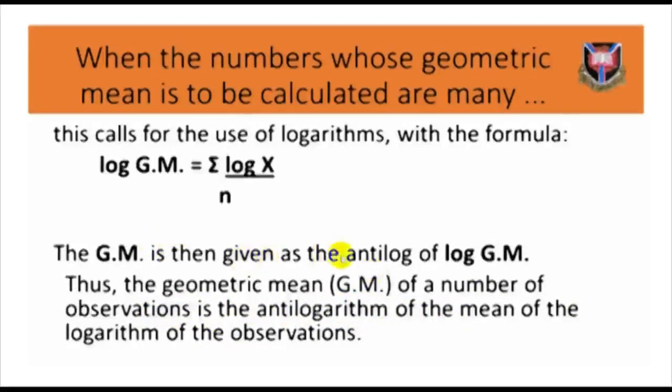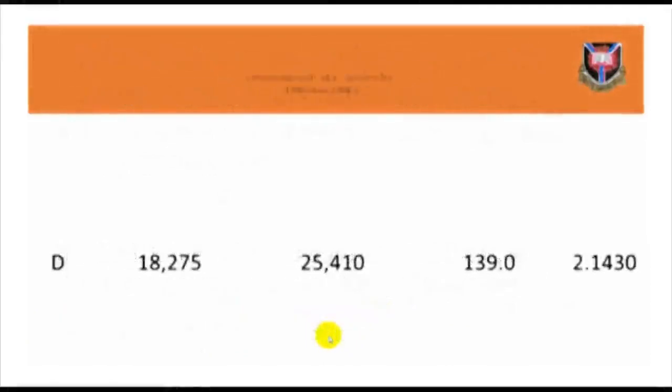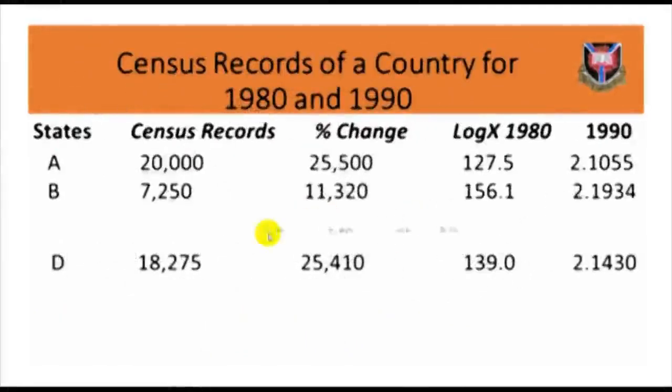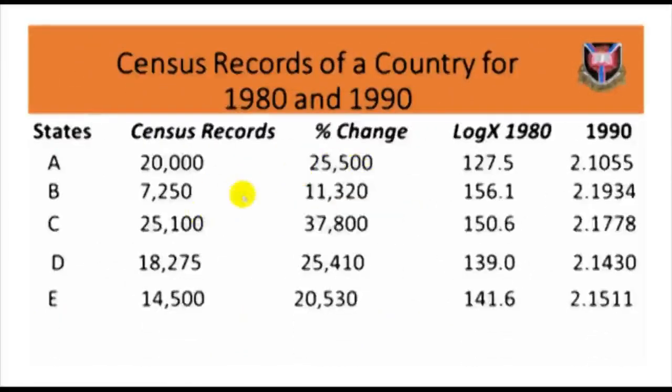The GM is then given as the antilog of log GM. Thus, the geometric mean GM of a number of observations is the antilogarithm of the mean of the logarithms of the observations.